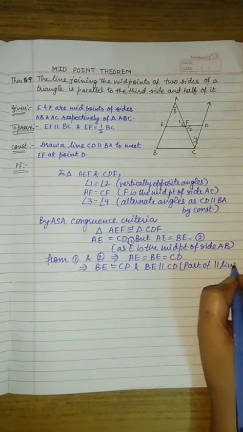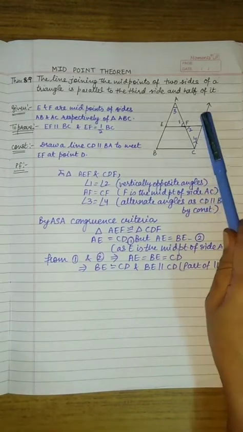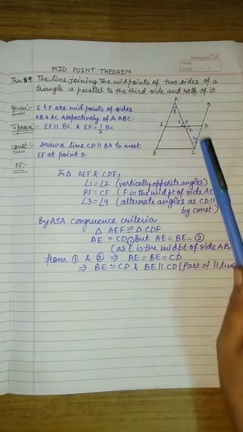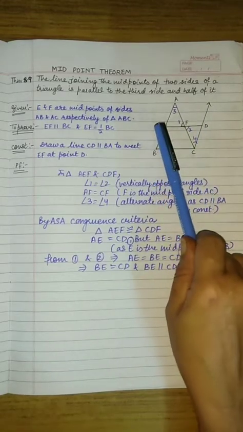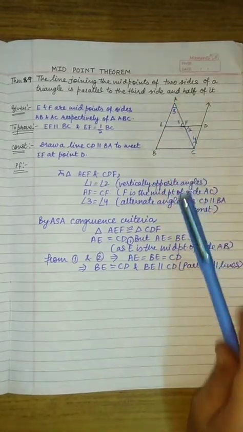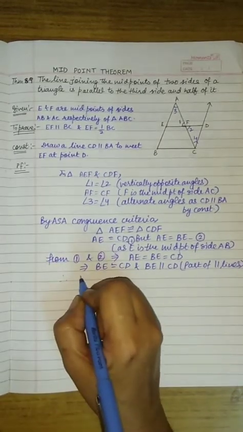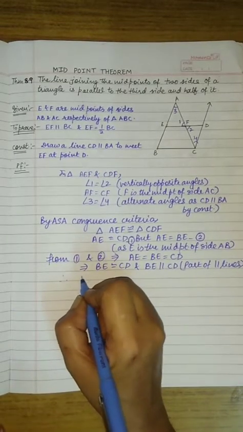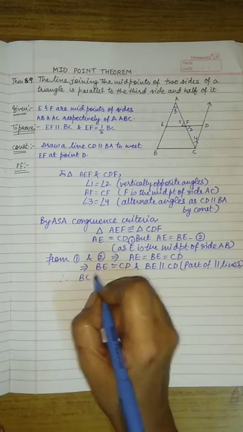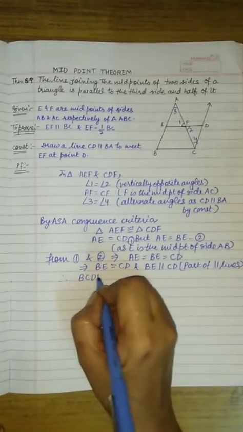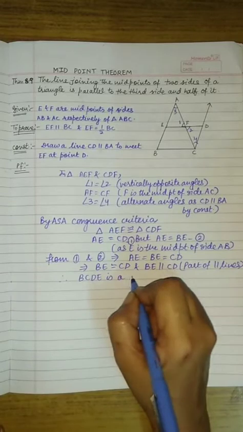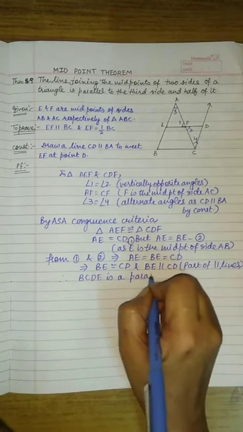also part of parallel lines. Because if CD is parallel to BA, it means CD is parallel to BE also. So therefore we can say that BCDE is a parallelogram.